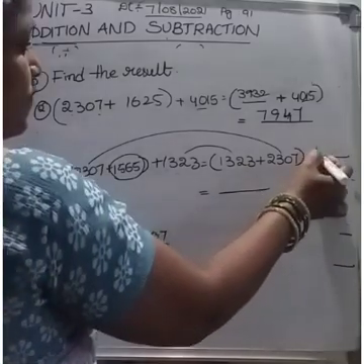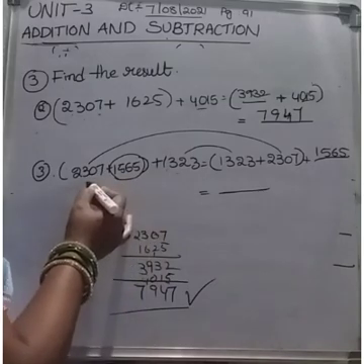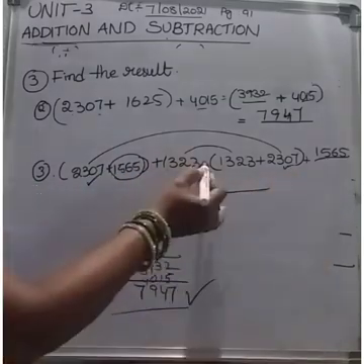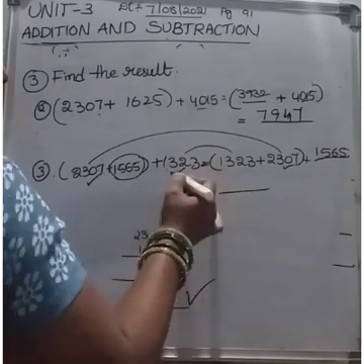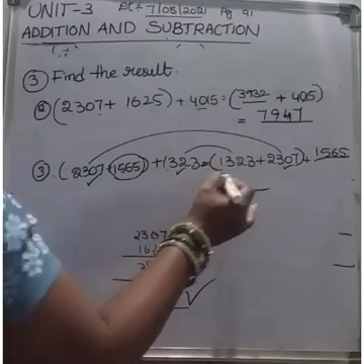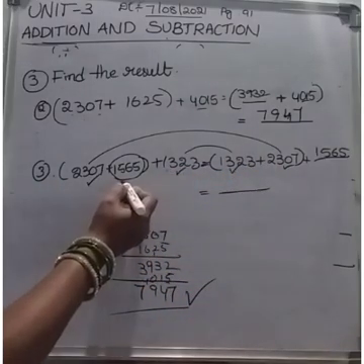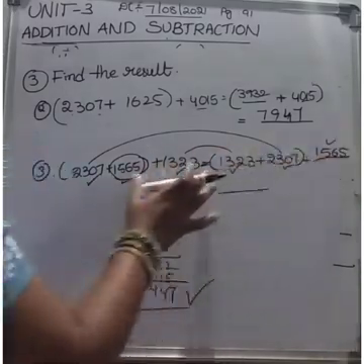So write here 1565. Is it clear, everybody? Look here, 2307 is there, and this side also. In between is equal to is there, no? Next, 1323 is there here also, and 1565, the remaining number, is also there. So both sides are equal.